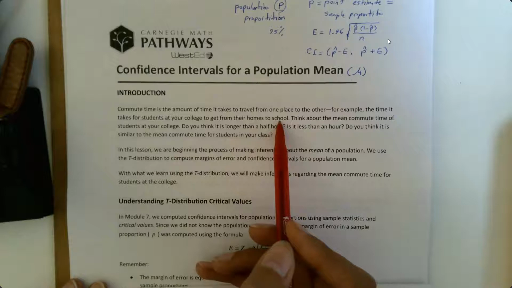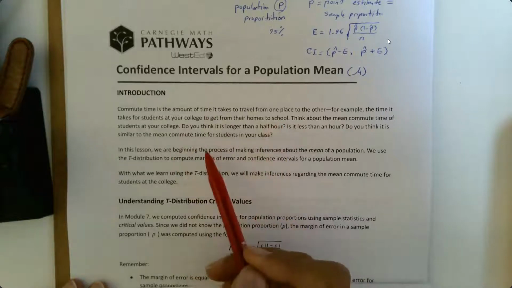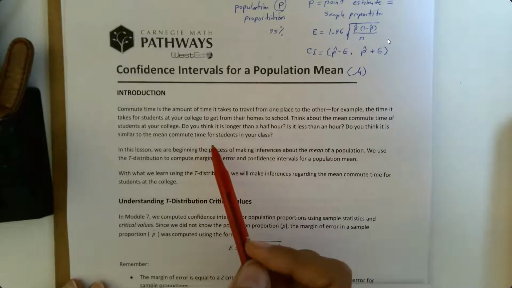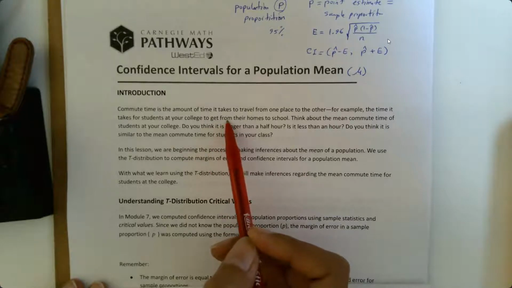Of course, our class is online right now, so the commute time is from the bed to the desk, or sometimes students are sitting on their bed, so zero time for commute. I was thinking back to the time we had face-to-face classes, when students take the bus, the car, or the bike to get to school.